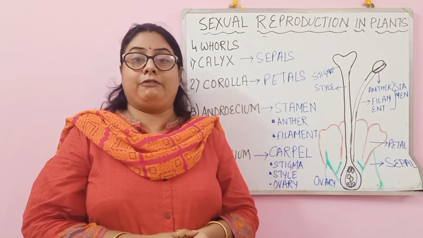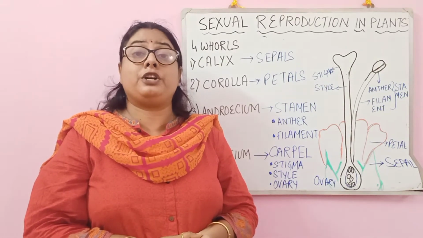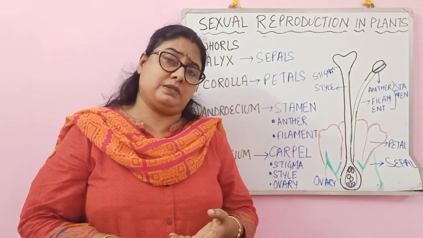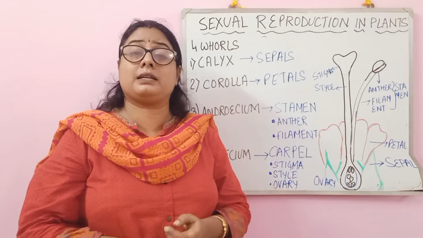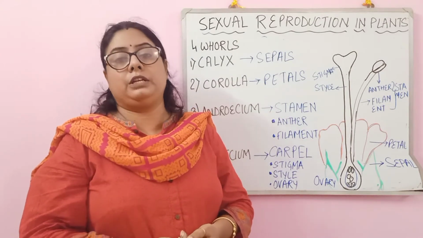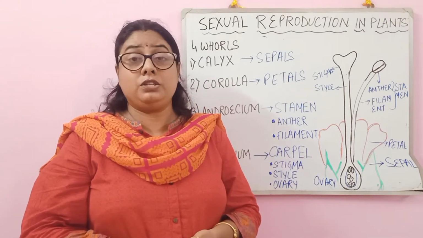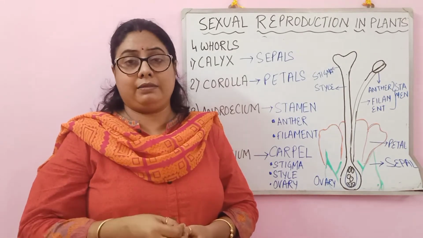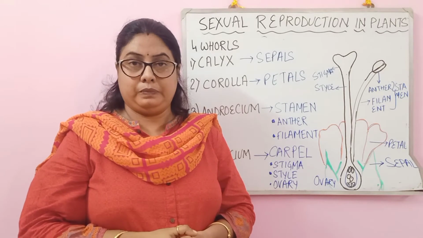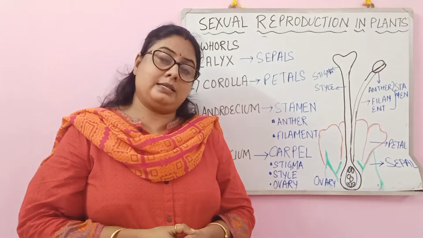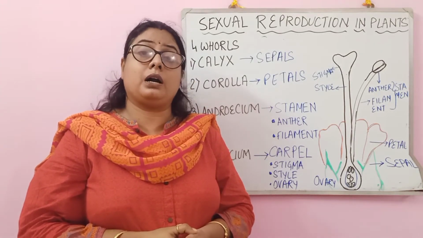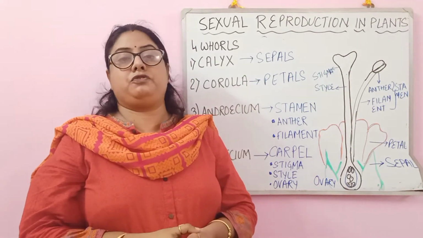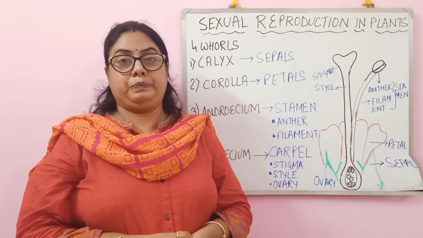The function of corolla is to attract the birds, bees, insects, bats, etc. for pollination, that is, transfer of the pollen grain from the anther to the stigma. As I said, calyx and corolla are the non-essential whorls as they do not take part in reproduction directly.